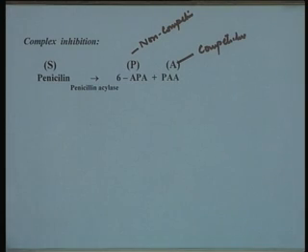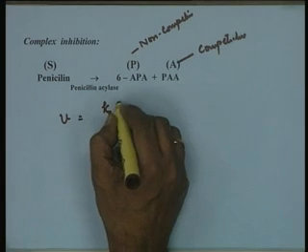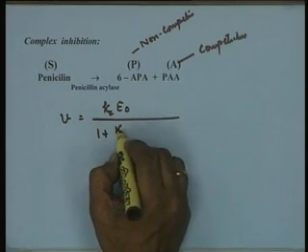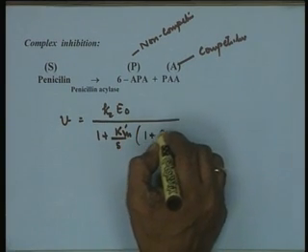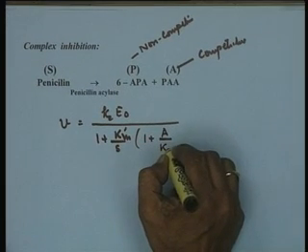For example, in this practical case of penicillin acylase catalyzed hydrolysis of penicillin, the kinetic rate expression comes as V equal to k2 E naught upon 1 plus Km upon S, K dash M upon S, 1 plus A upon KIA.